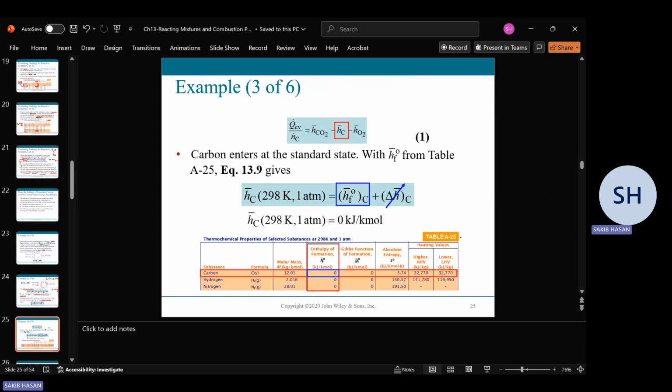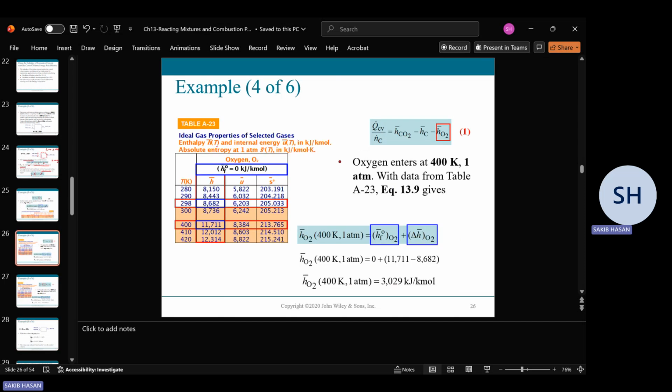And then you can use table 825 to sub in the value of the enthalpy of formation for carbon. And you will find that it is 0 because it is in the elemental form. And you can use table 823 for oxygen to get the enthalpy values for oxygen. And actually, you can find the relative values again, the delta H, because the enthalpy of formation for oxygen is already 0, so the change is what really matters here.